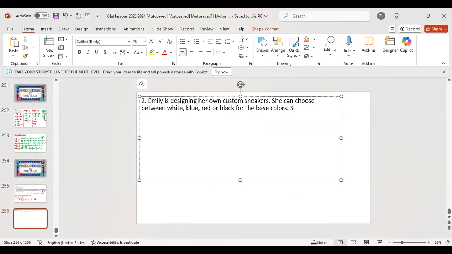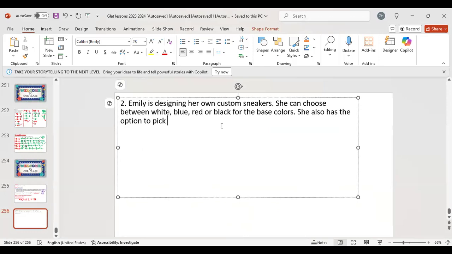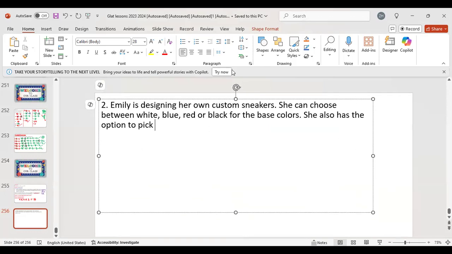She also has the option to... Excuse me, Mr. Bickley. I can't see your screen. You can't see my screen? No, sir. And I can't see the picture in the chat either. Let me stop sharing and share again.